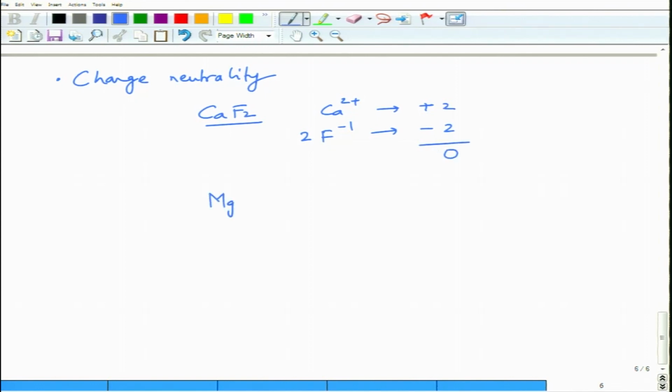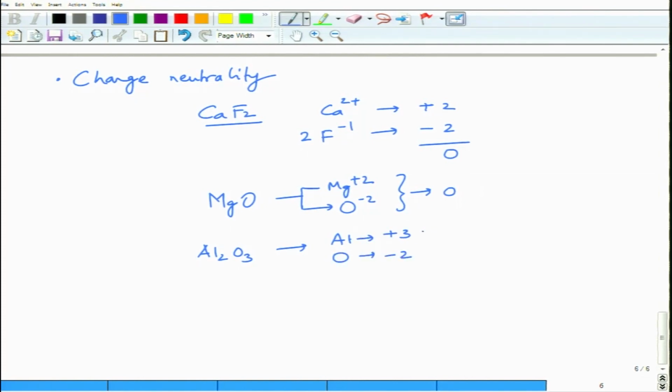The same is true of MgO. Mg is plus 2, oxygen is minus 2, net charge is equal to 0. Other examples are TiO2, and Al2O3, where Al is plus 3 and oxygen is minus 2. So plus 3 into 2 is plus 6, minus 2 into 3 is minus 6, and the net is equal to 0.